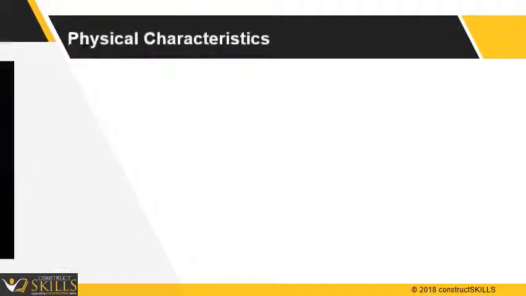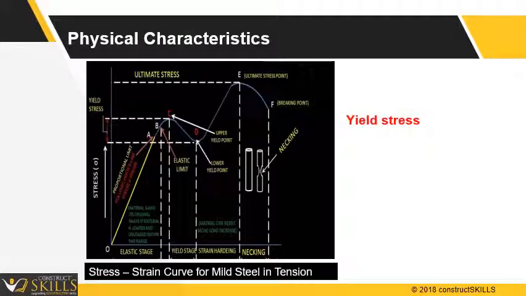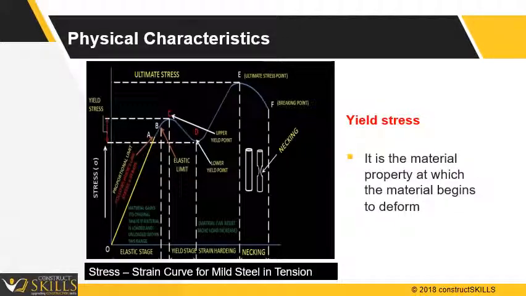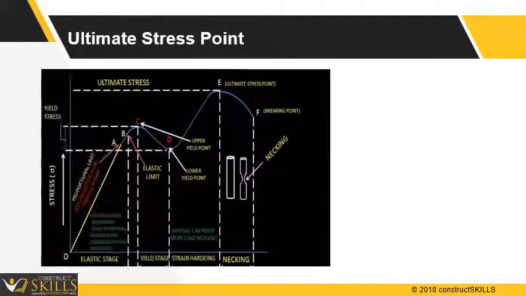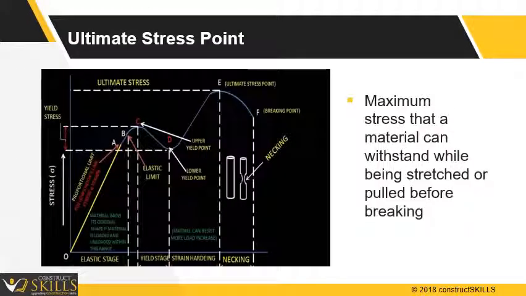Physical characteristics of rebar. Yield stress. It is the material property at which the material begins to deform. In the diagram, point C is the point from which the material starts to get deformed, and at point D, it fully gets deformed. Ultimate stress point is the maximum stress that a material can withstand while being stretched or pulled before breaking.